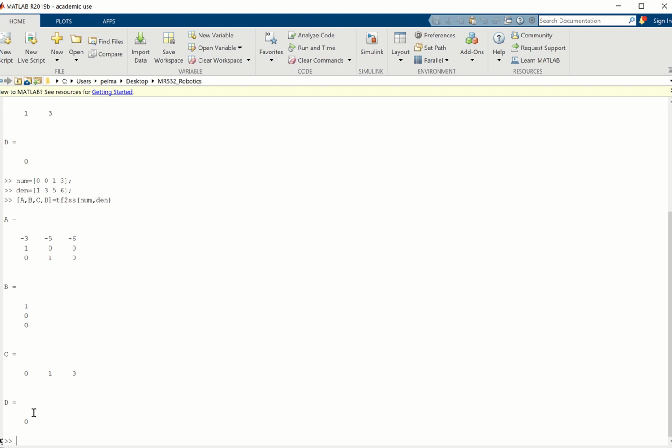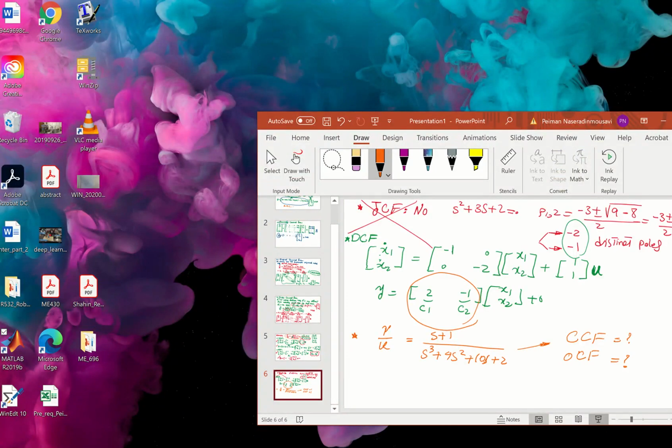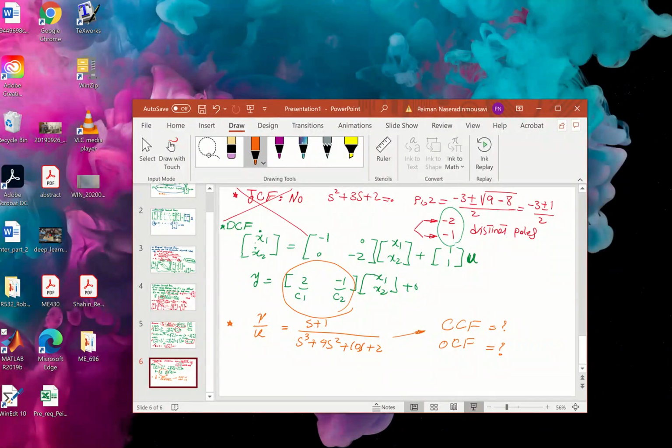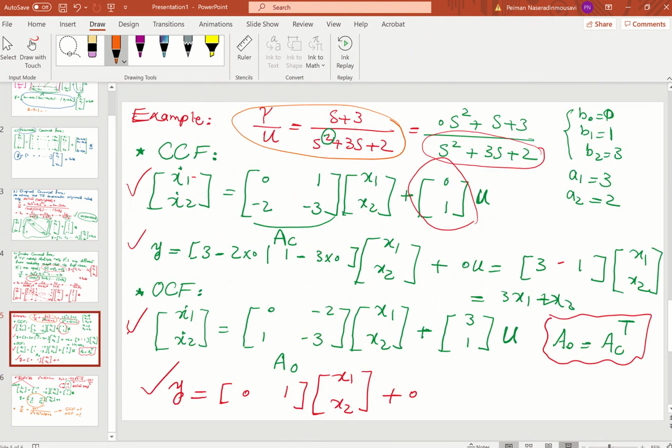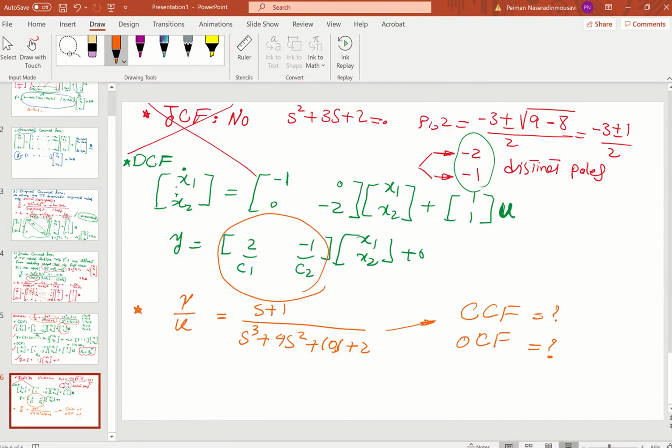Okay, now let me close this. Now let me go back here, guys. So guys, look at this example. I'm just writing again, and please keep this in mind: 0, 1, -2, -3, or the MATLAB one. So guys, look at here.